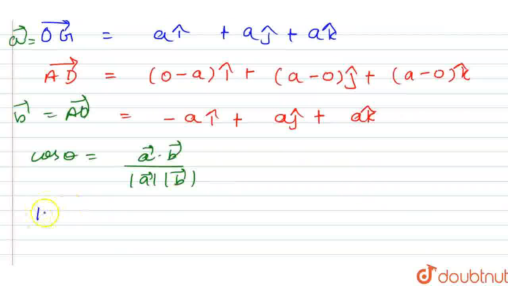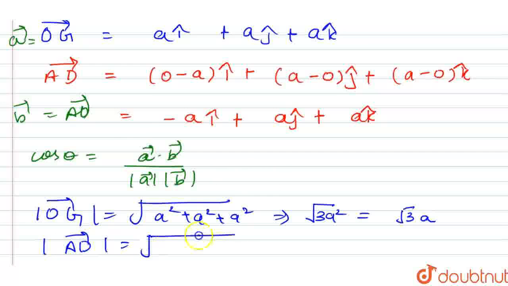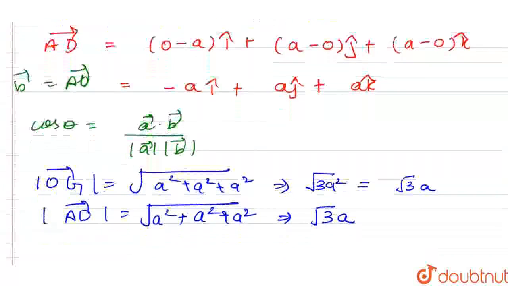The magnitude of OG will be root of a square plus a square plus a square, which is root 3 a. For AD, the magnitude is the same: minus a squared is a square, so again root 3 a.